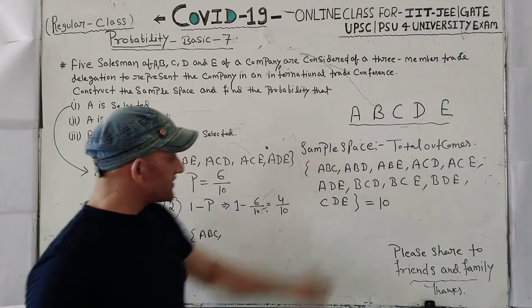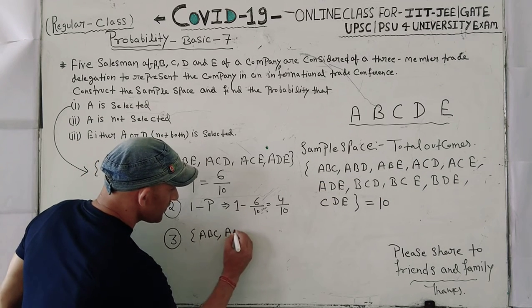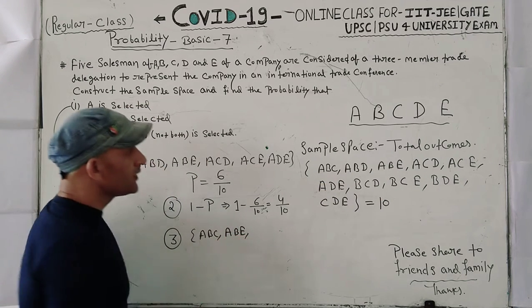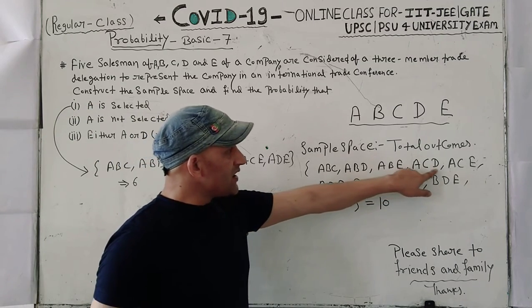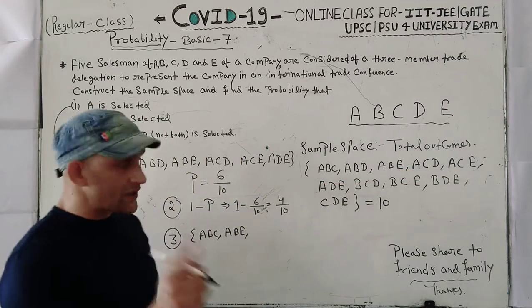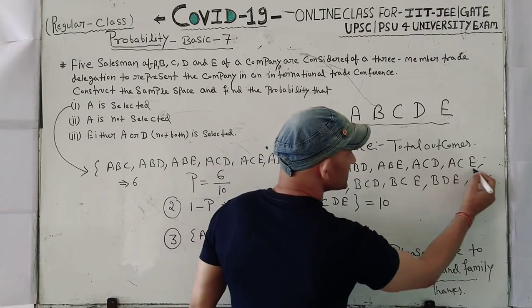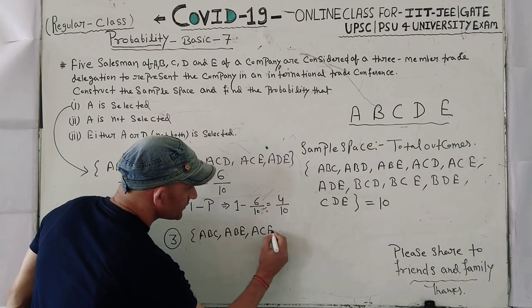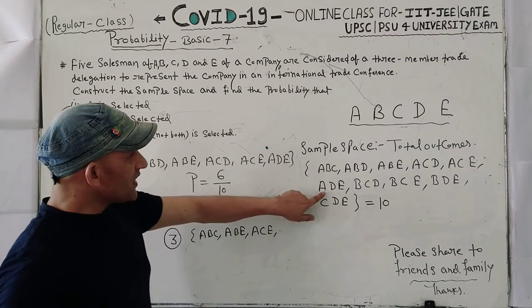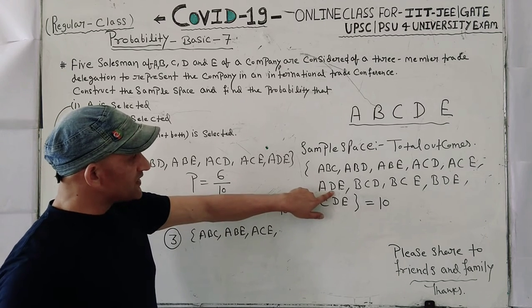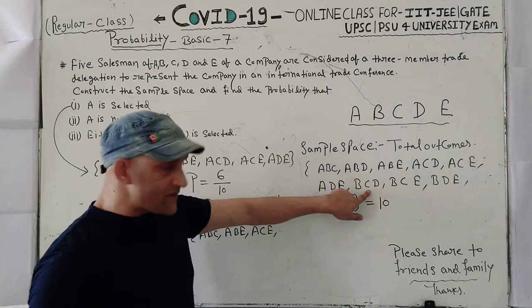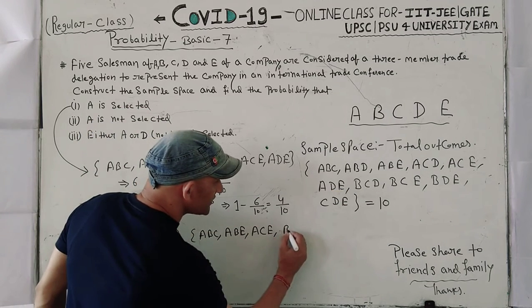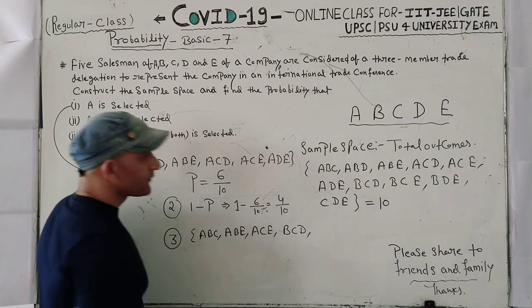Here only A is present: A, B, E. Then here A and D both are present, so we skip it. Now A, C, E: again we take this one. Here A and D both are present, so we skip it. Here only D is present, so we select B, C, D.